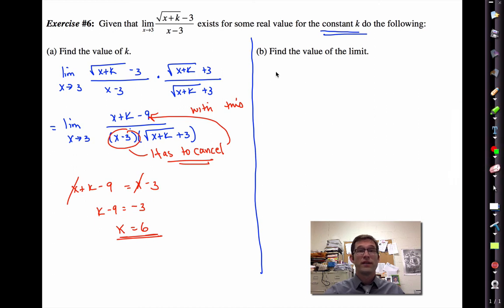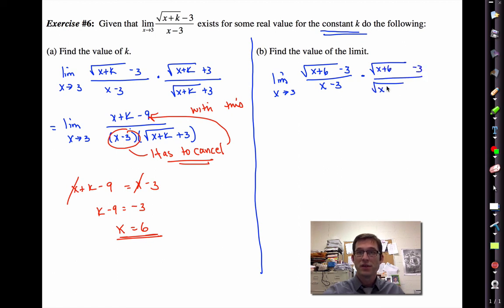All right, now find the value of this limit. Well, now we just rationalize again. The limit as x goes to 3 of the square root of x plus 6 minus 3 over x minus 3. So we rationalize, multiply by root x plus 6 plus 3 over root x plus 6 plus 3. And we'll get the limit as x goes to 3 of x plus 6 minus 9 divided by x minus 3 times root x plus 6 plus 3.